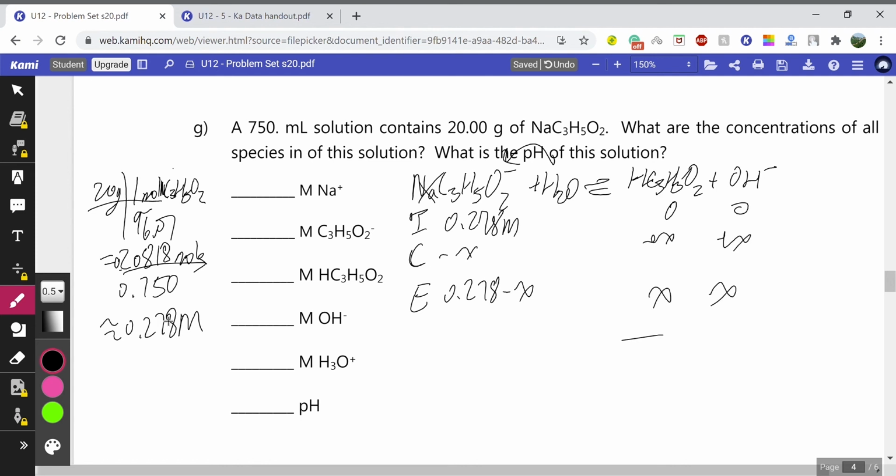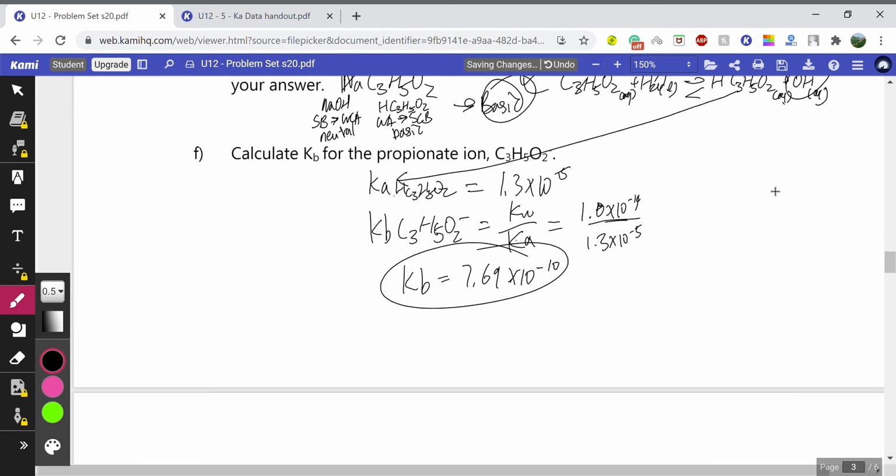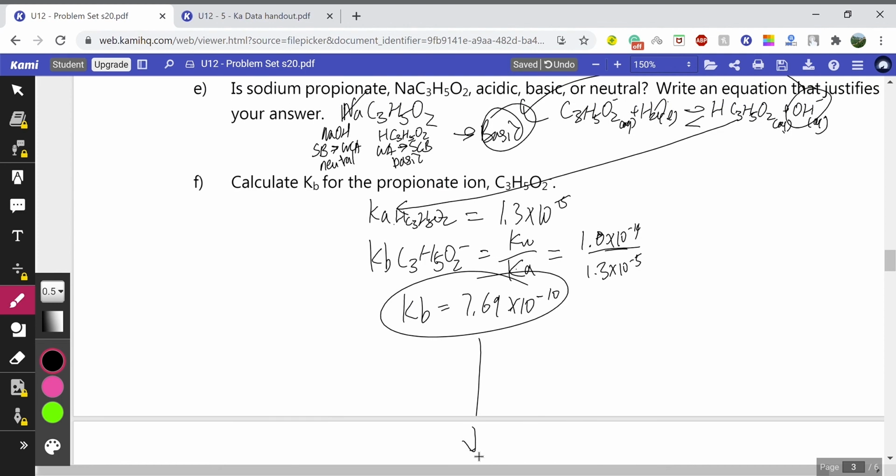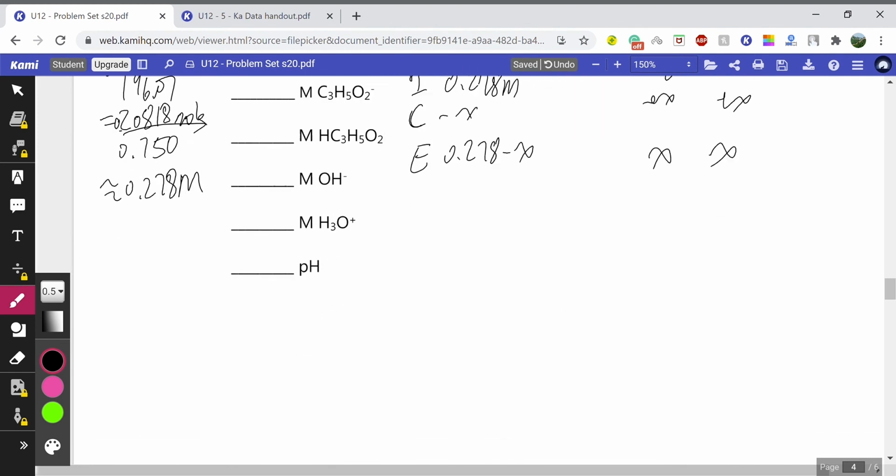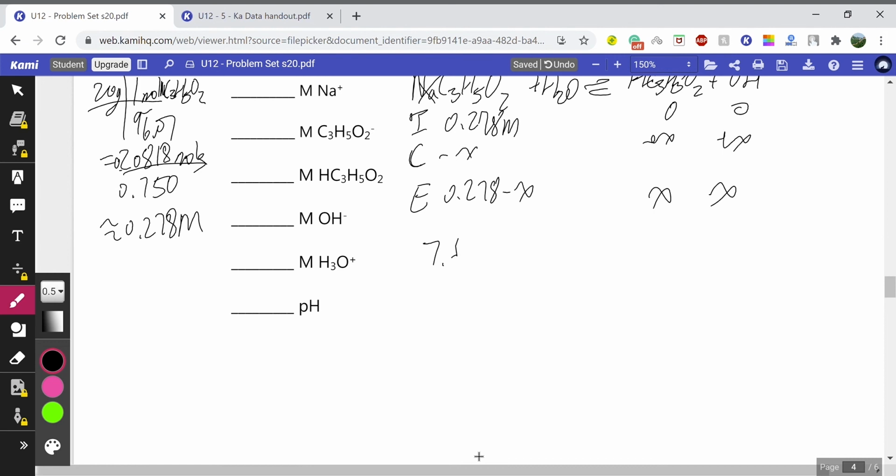Now because we're producing OH, we're going to have to use the Kb value, and the Kb value we found over here, so I'm going to bring this down. 7.69 times 10 to the negative 10th is equal to x squared divided by 0.278 minus x.